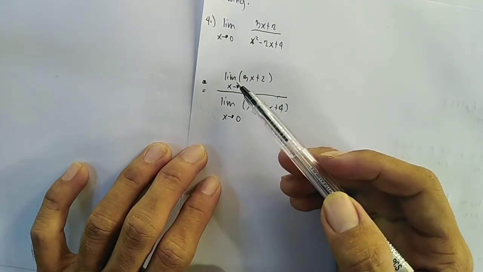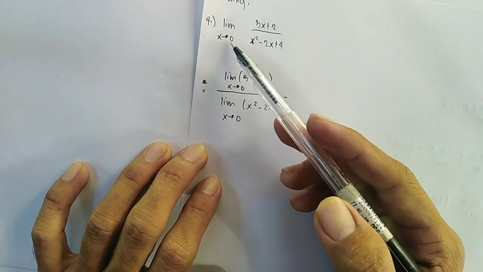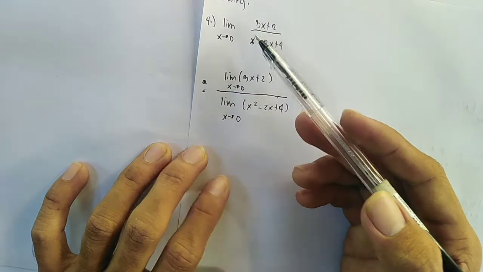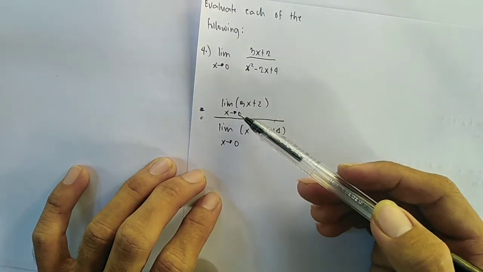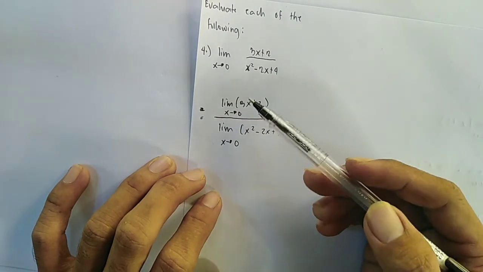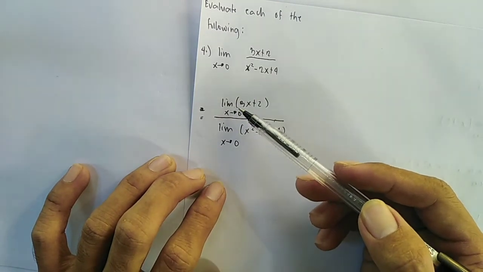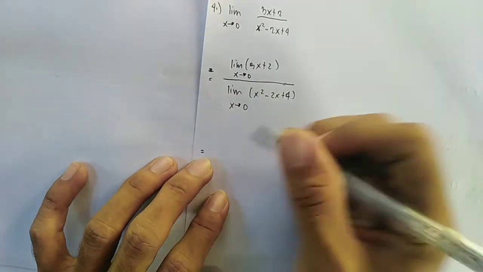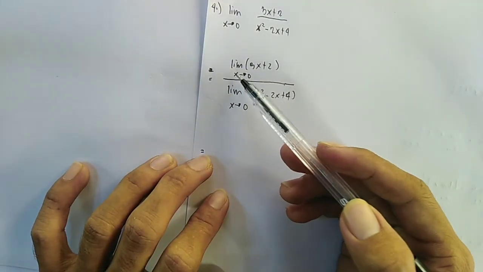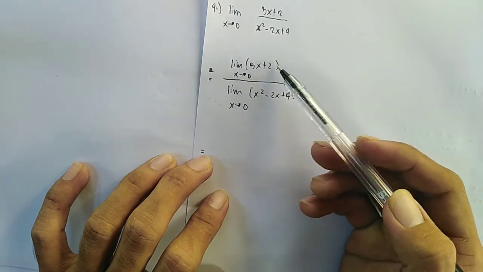Again, we simply distributed the limit notation to each expression or function given in the numerator and denominator. So we simply distribute the limit notation to the numerator and denominator of the function. After that, we have to distribute again the limit notation to each term of the expression.